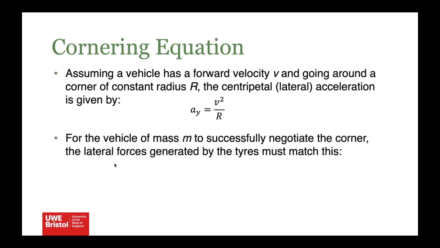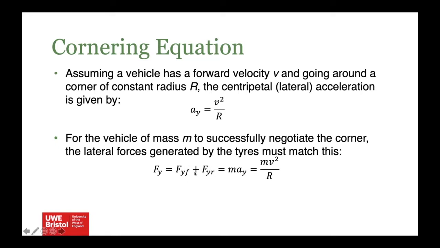And if you multiply an acceleration by mass, you get a force. So for the vehicle of mass m to successfully negotiate the corner, the lateral force generated by the tyres must match this. You've got lateral force Fy, and that can be split across the front tyres, Fyf, and the back tyres, Fyr.